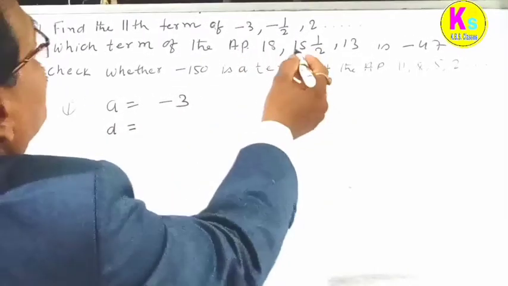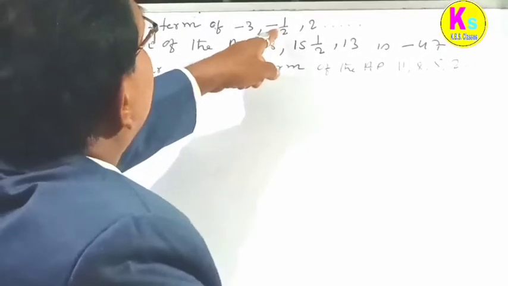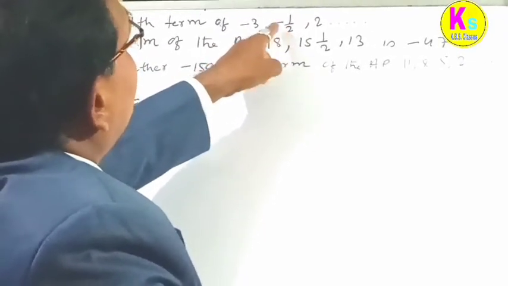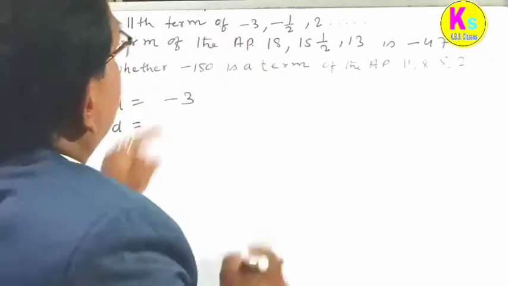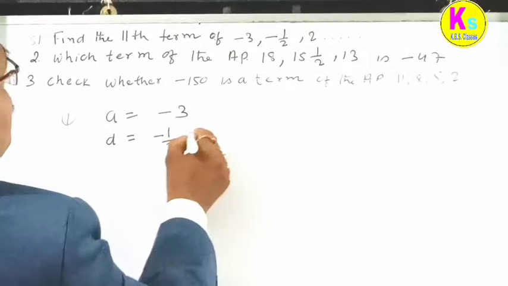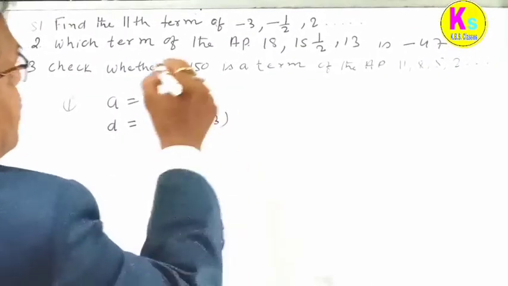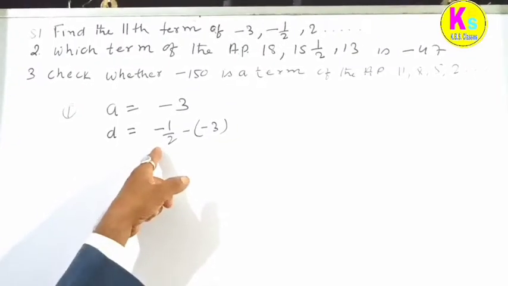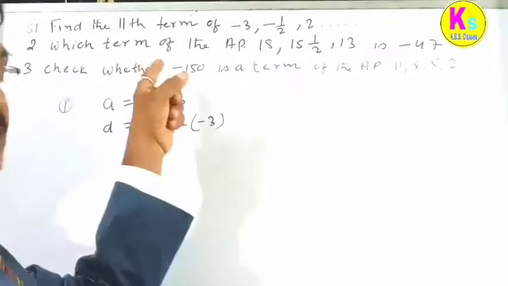d is equal to, always you get the difference by taking any term and subtracting the preceding term. So -1/2 minus (-3). Subtract the preceding term.